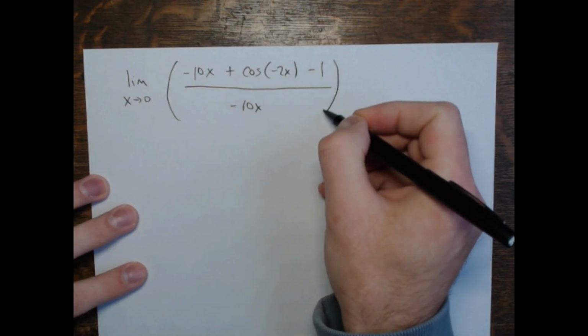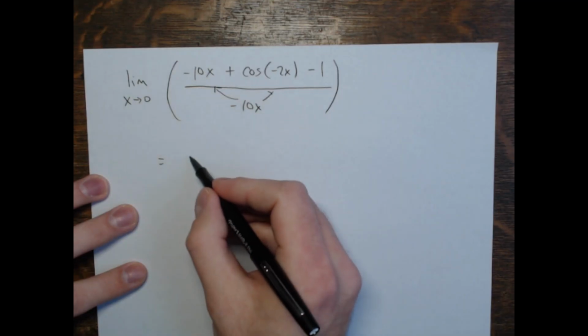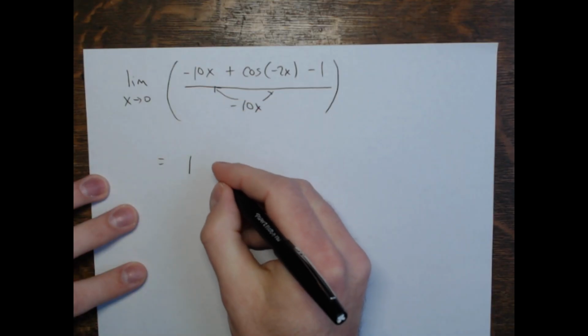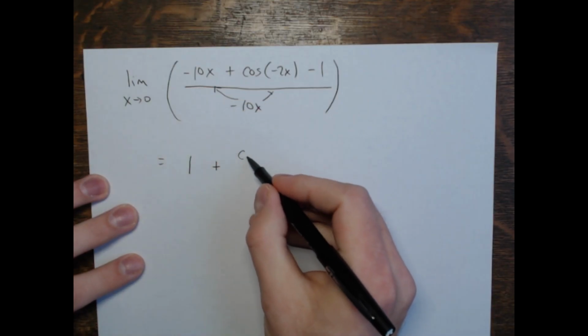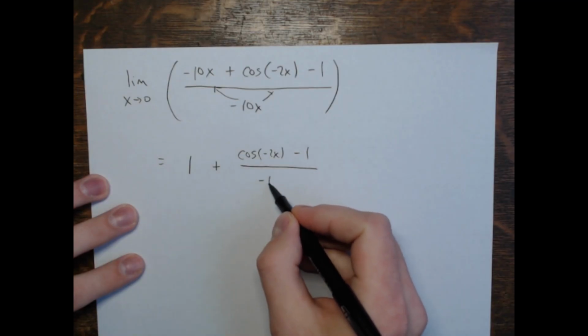Now, if I divide through by negative 10x, this will be 1, right? Negative 10x divided by negative 10x is 1, plus the cosine of negative 2x minus 1 divided by negative 10x.